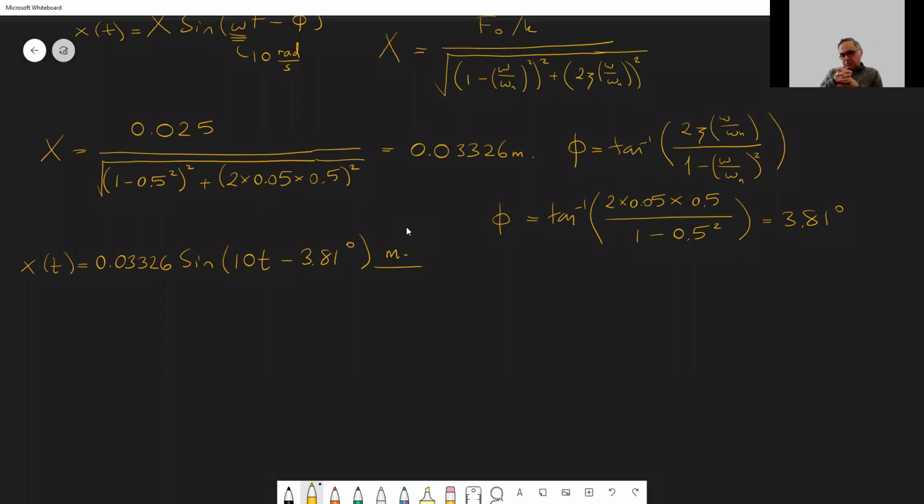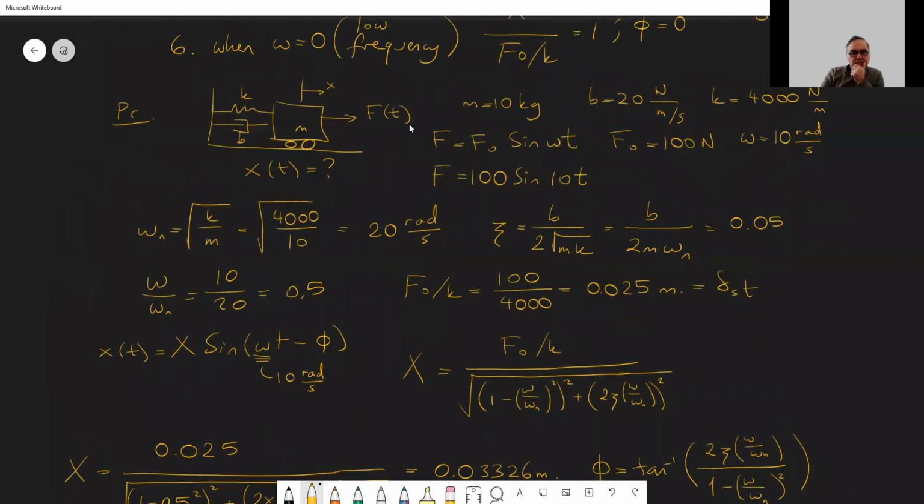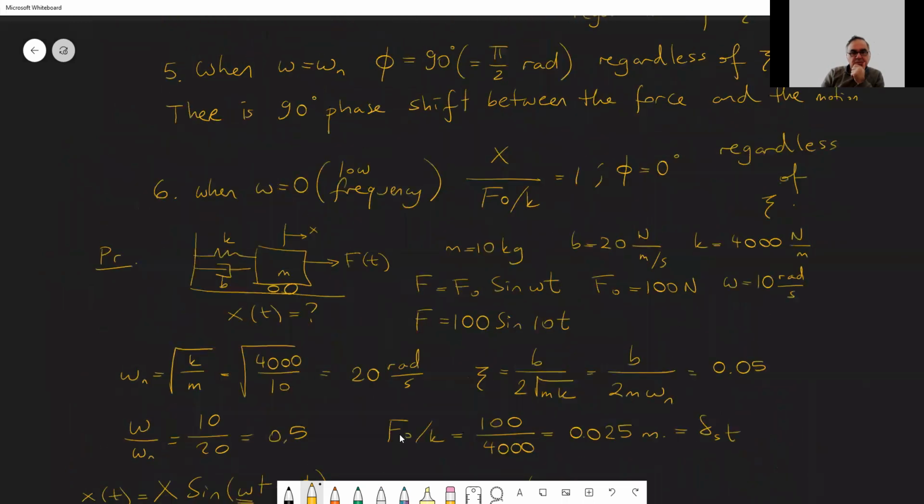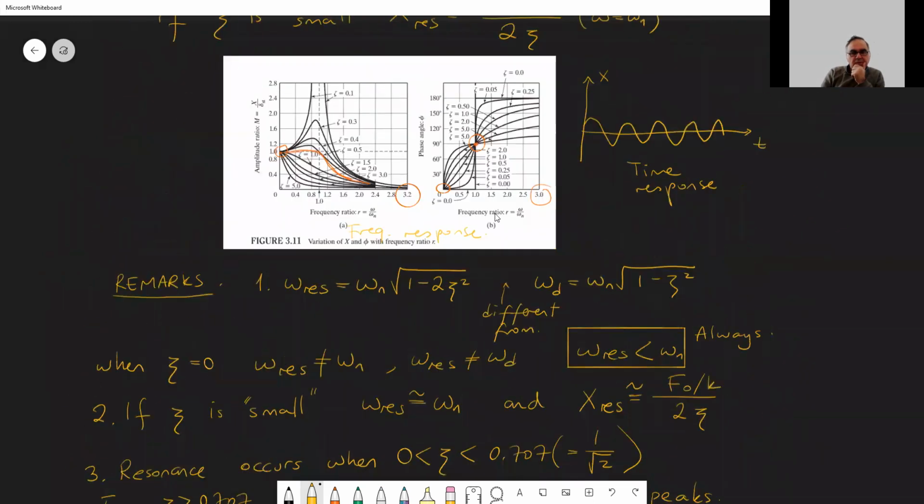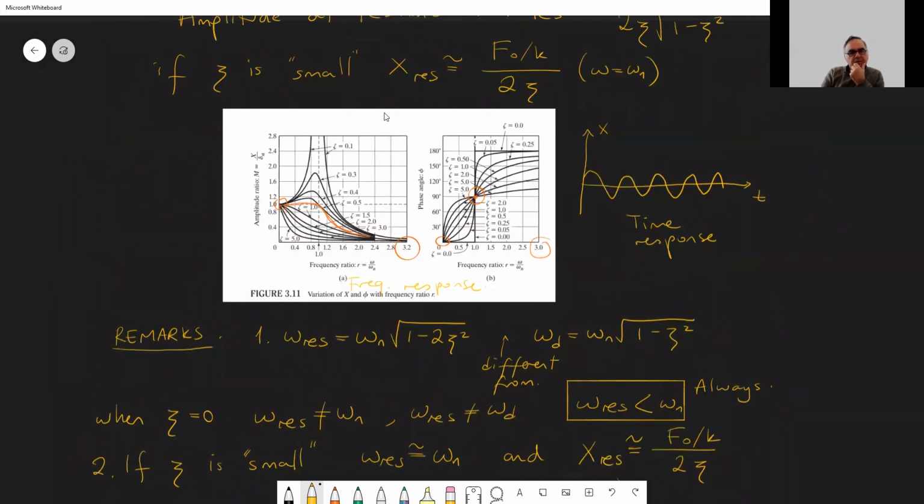So we looked at forced vibrations. We saw that the vibrations occur at the frequency of forcing. And we looked at harmonic forcing especially because it's important. And we saw that the frequency response of the system can be shown by a family of curves with zeta, the damping ratio, changing.